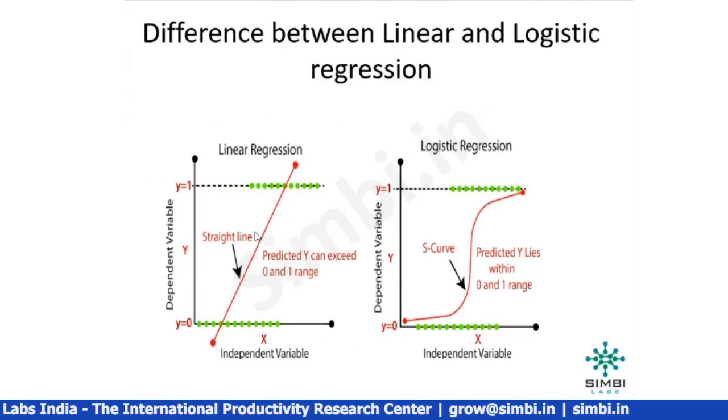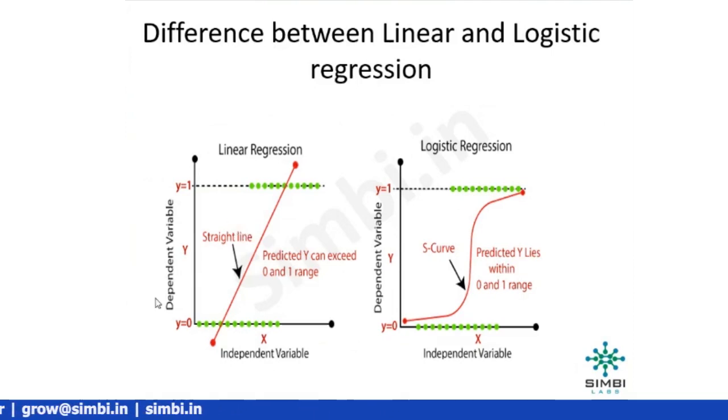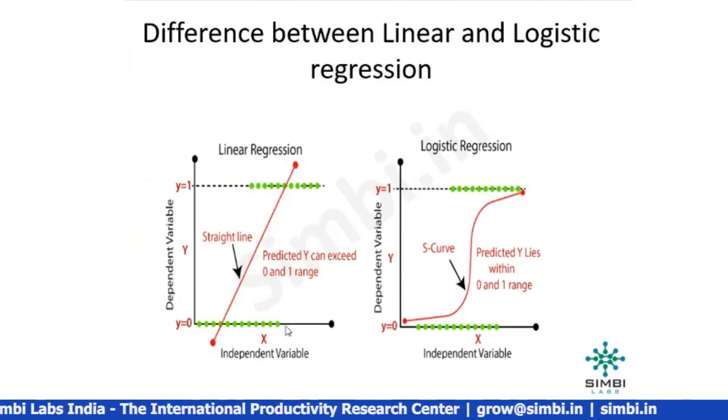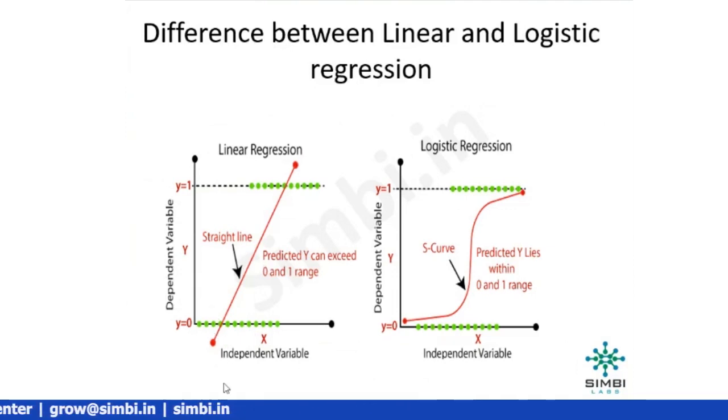In this, we can predict from the dependent variable by using this straight line, this best fit line. If any new independent variables are added, we can simply find the best fit line in linear regression.